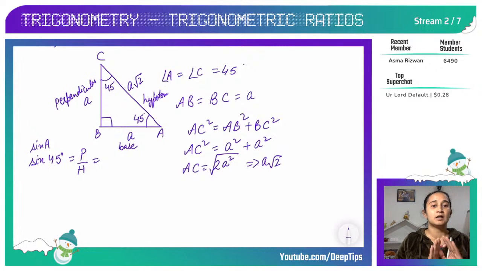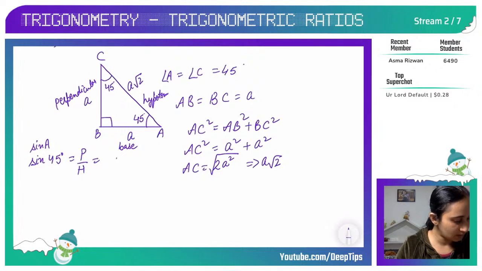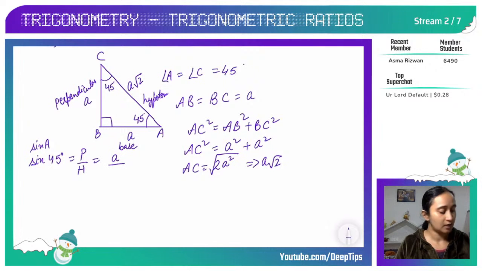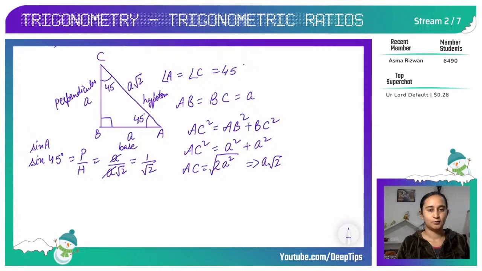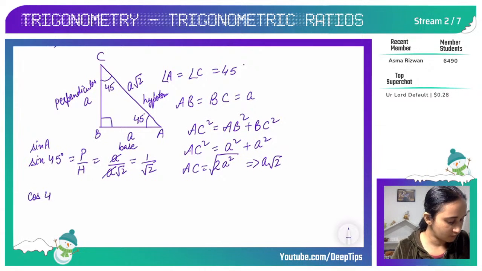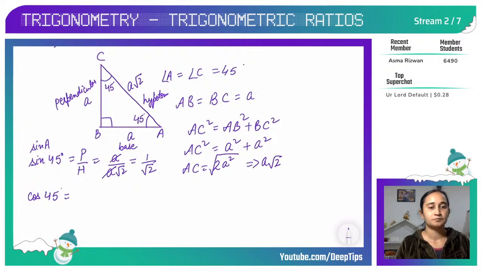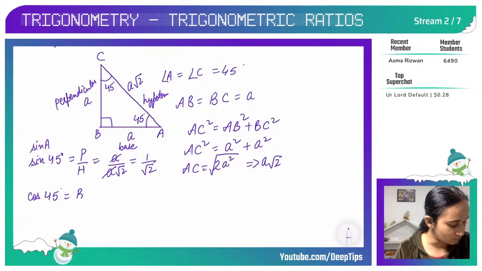So we have identified all three sides of this triangle, and sine 45 is perpendicular upon hypotenuse. My perpendicular, as can be seen from the triangle, is a, and hypotenuse is a root 2. So a and a get cancelled, so sine 45 is 1 by root 2. Correct? Same way, if I look at the cos 45 degree value, cos 45 is base upon hypotenuse.